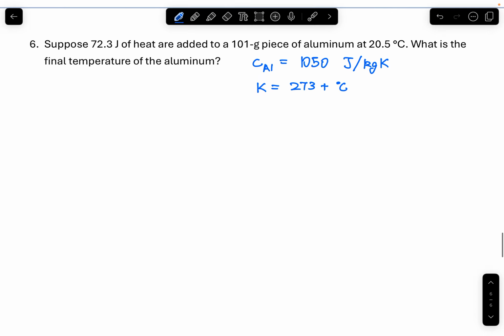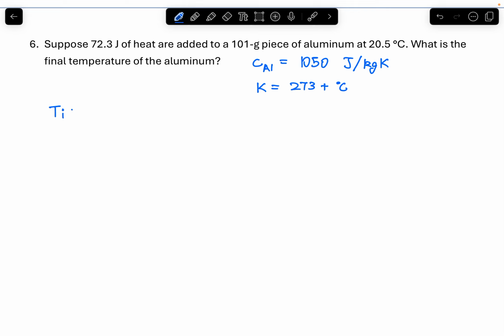All right, next question. Here we are given the amount of heat added to a 101 gram piece of aluminium at 20.5 degrees Celsius. So first things, let's look at our specific heat. We have the specific heat in Kelvin, so we should convert the degree Celsius to Kelvin.